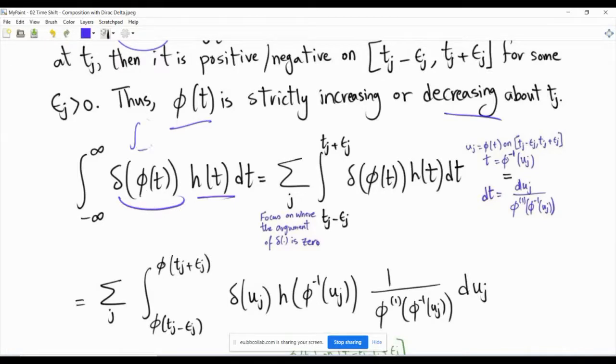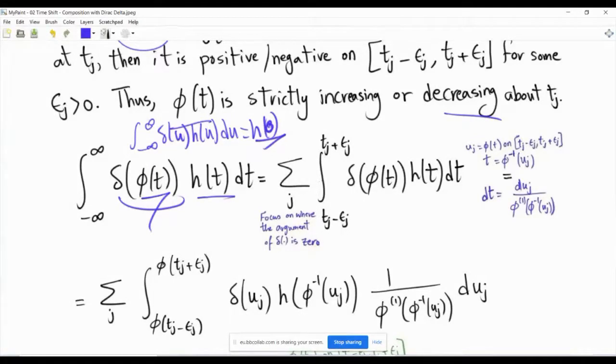Taken for granted that the integral of delta of u times h of u du will give you the value of h at 0. Now we have something more complicated because we have phi of t, which is a general function, but it's not very general. Otherwise, we cannot move any further. We assume that it is equal to 0 at t1, t2, t3, and so on.